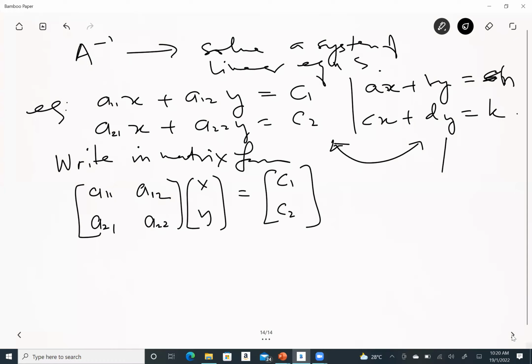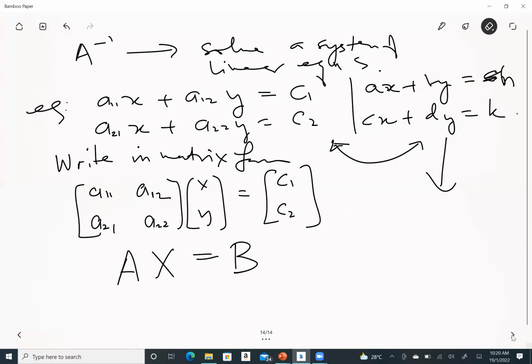All right, so you have a matrix form here. This is a matrix A, 2 by 2, multiplied by the matrix of the variables, capital X. So that is equal to B.